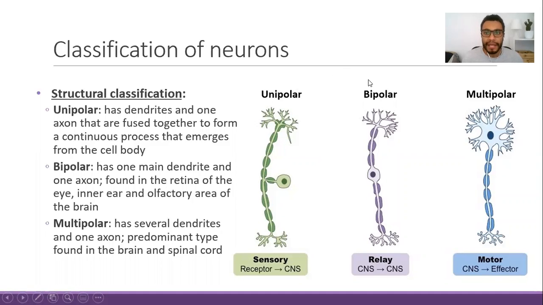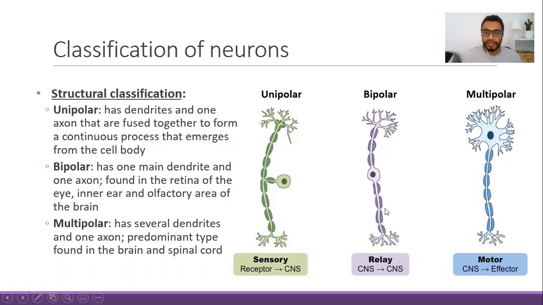The bipolar is this one here that has one main dendrite and one axon, and the cell body is located right in the middle. They are more precisely found in the retina of the eye, the inner ear, and the olfactory area of the brain.